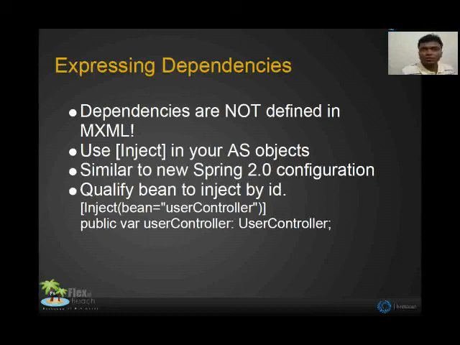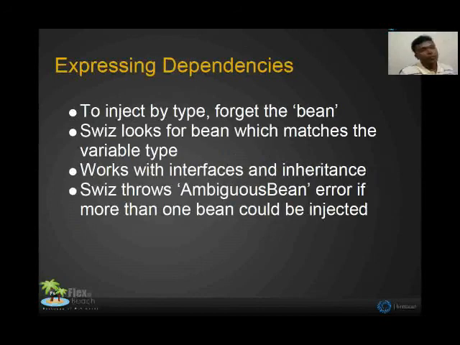To inject by type, forget the bean ID. You just want to inject it by the type. No need to worry about the bean ID being referred to. You just inject by type, that's it. Swiz looks in the context for the bean which matches the variable type, and works with interfaces and inheritance. Swiz throws an ambiguous bean error if more than one bean could be injected.